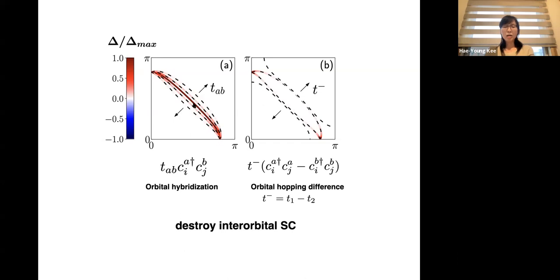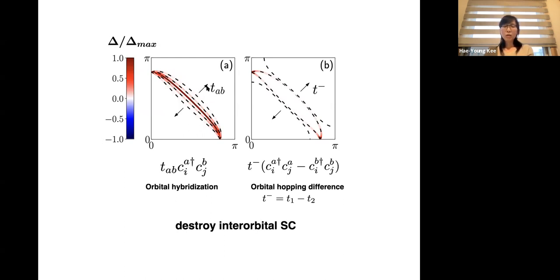So here are the xz, yz orbitals that are degenerate, and I slowly turn on the orbital hybridization, which is the xz and yz hopping. And as I turn it on, what we notice is this delta divided by delta max, and you see the colors as well. This one is everything the same sign, positive, because I start with just the simple atomic spin-orbit coupling.